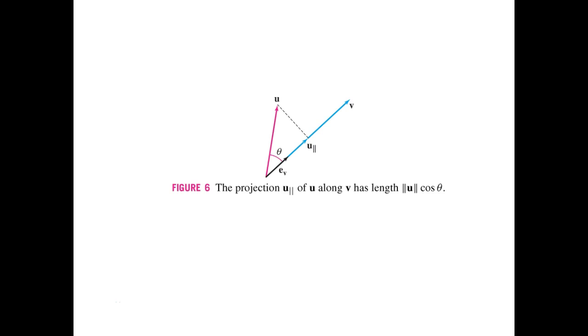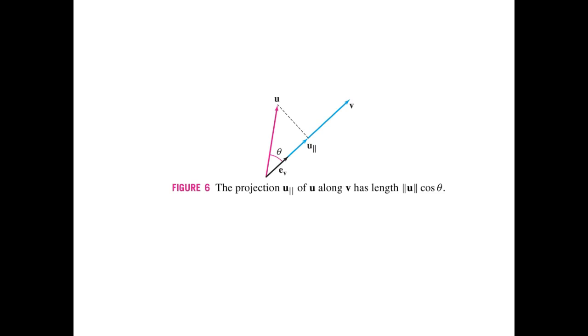So when we're talking about the projection of U onto V, that means you drop a perpendicular to V, and the projection of U onto V is then that magnitude there. There's U parallel.